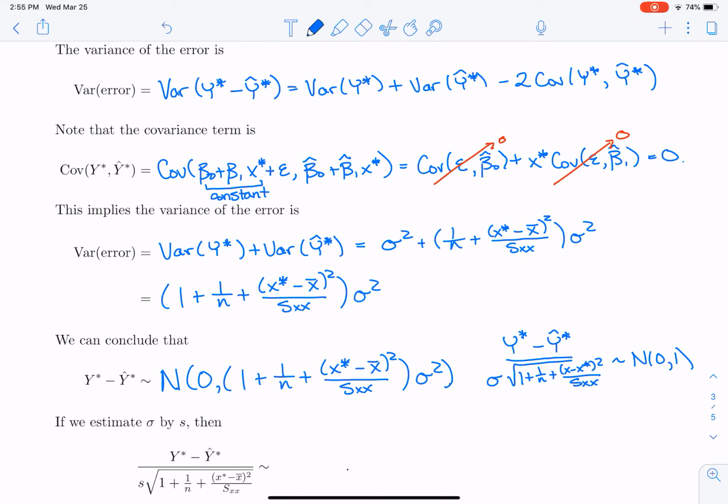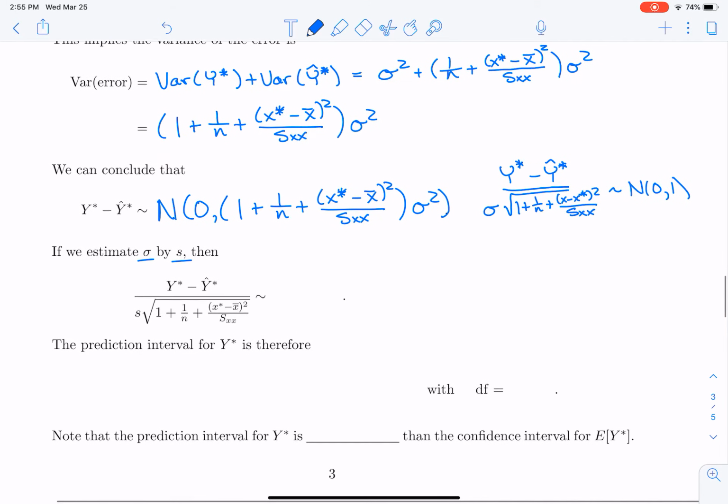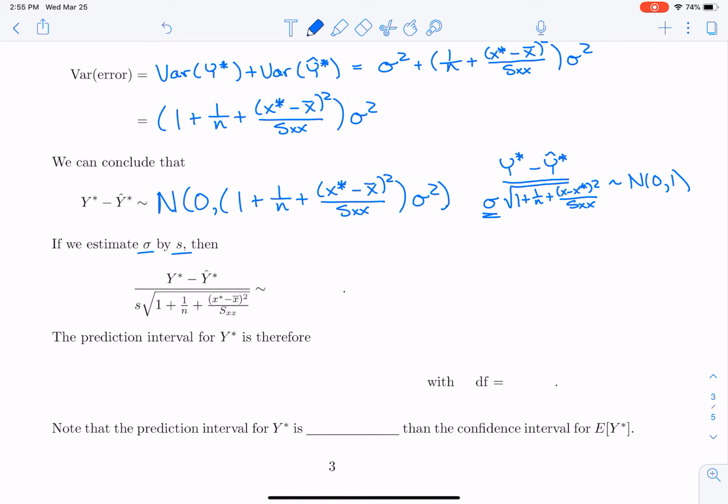But we don't know what sigma is, so we're going to estimate sigma by S. So that means if we replace the sigma here with S, then this is really not going to have a normal distribution, it's going to have a t distribution. The degrees of freedom in that case are going to be n minus 2. So knowing that, we can unwrap this large term here like we've done in the past to get us our prediction interval.